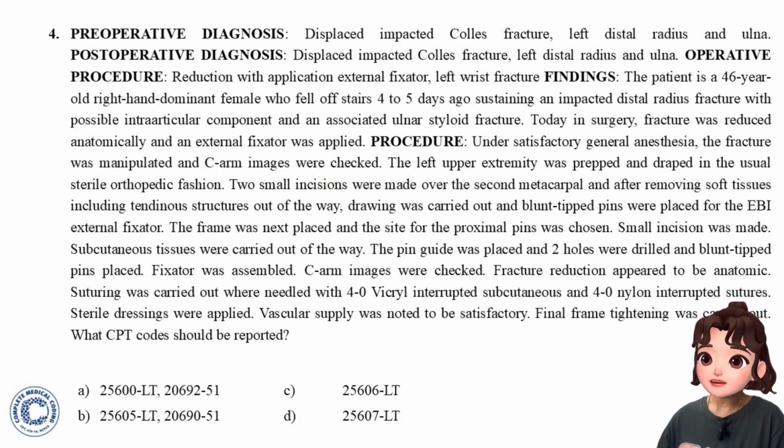Move to option B now. Option B, 25605. Yes, with manipulation. So 25605 is the code that represents with manipulation. Let it be there. If we look at options C and D, 25606 and 25607, let's find out what they are. 25606 is percutaneous skeletal fixation of distal radial fracture or epiphyseal separation.